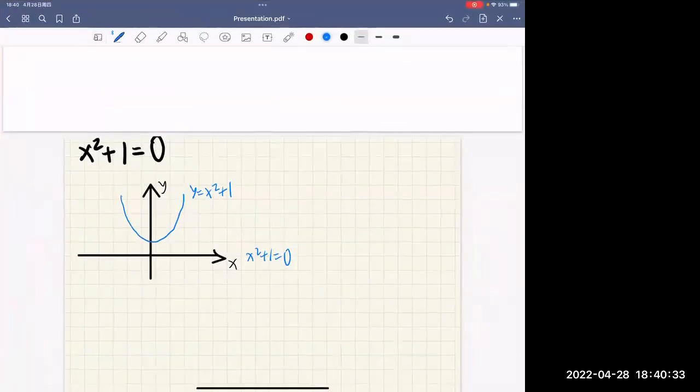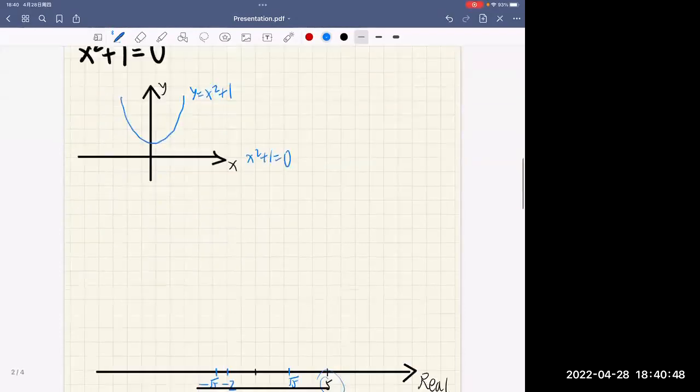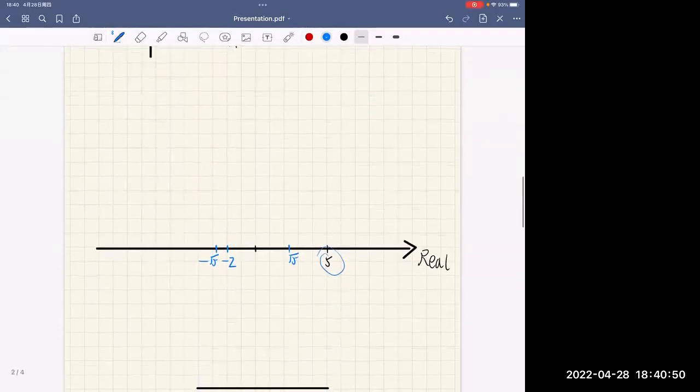So what are these new numbers? Please don't be fooled by the name. Just because it is called imaginary doesn't mean it does not exist. It does exist, but not on the real number line that we usually have. The real number line is not going to be changed, but it becomes two-dimensional.